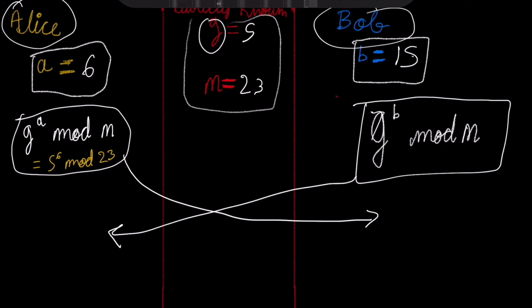So 5 to the 6 modulus 23. Just a second. So let's calculate this. I need to use Python to get it. Wait a second. Python 3.